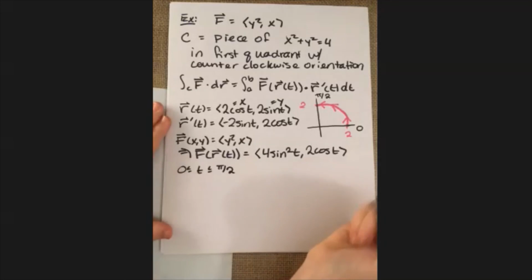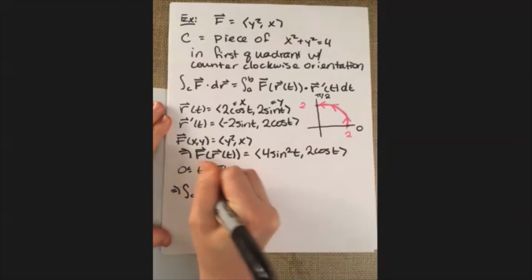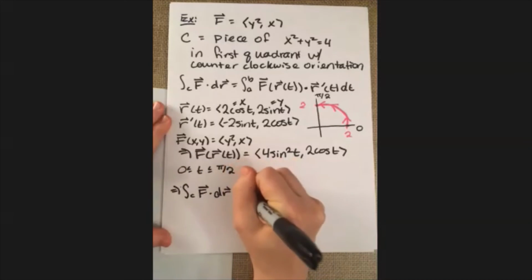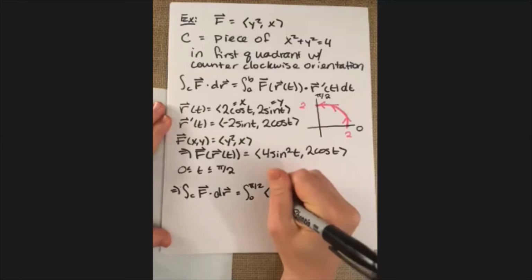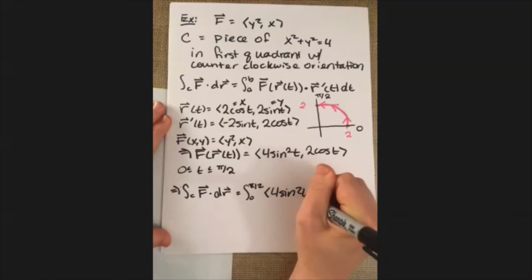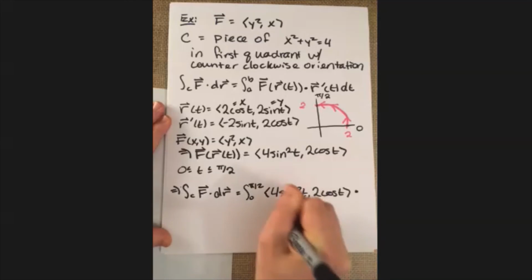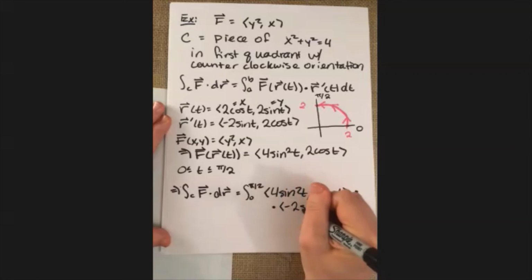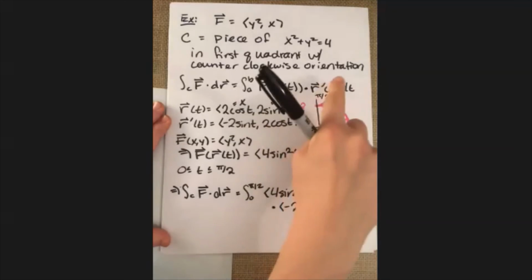All right, let's start plugging things in. So we have our integral over the curve of f dot dr equal to the integral from 0 to pi over 2 of 4 sine squared t, 2 cosine t, and then dotted with, this is a dot product here, negative 2 sine of t, 2 cosine of t, because that's our derivative of r.